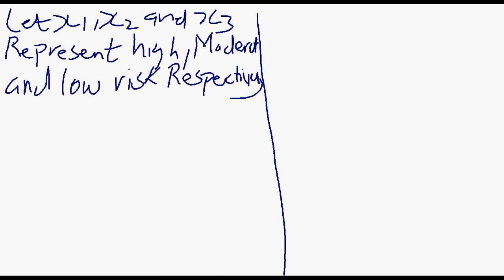So basically, this is what we are going to do. This is the first thing you do. I'm sure this attracts marks, so you do this first. So for the high risk, it's going to be 35, right? Yes.